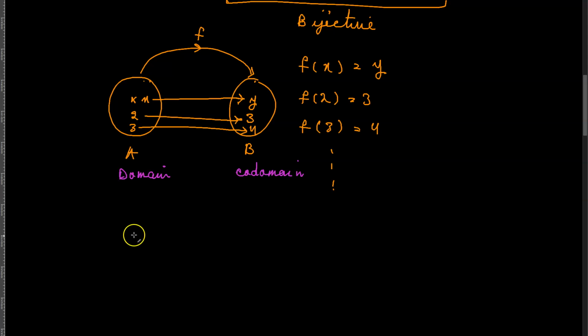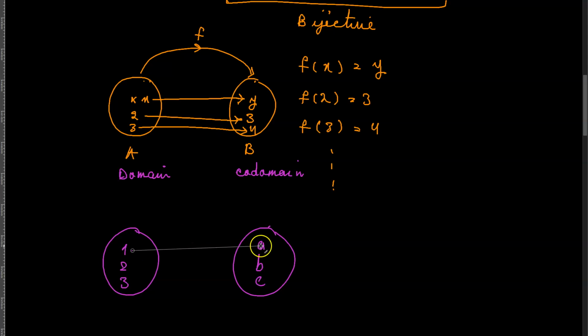If you have a function with 1, 2, and 3, and A, B, and C, and 1 is mapped to A, 2 is mapped to B, and 3 is mapped to C under some function f, then you can say that the function is 1-1.